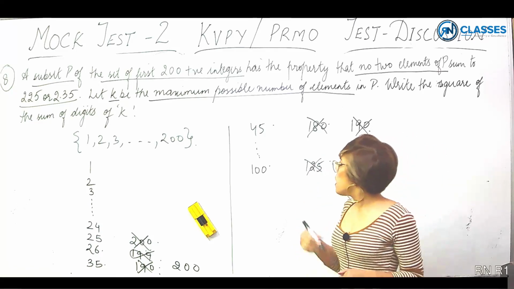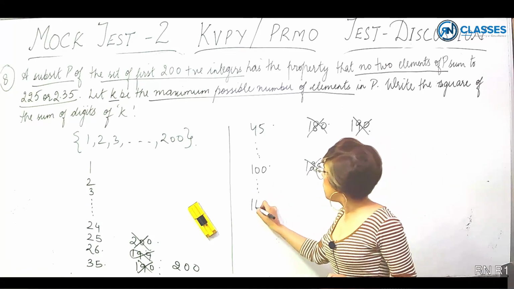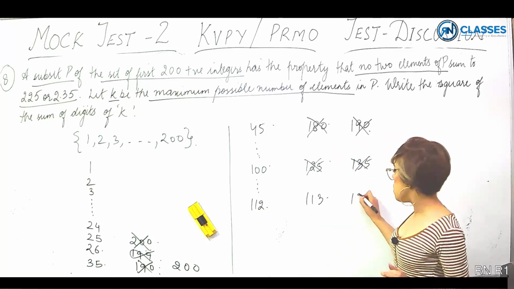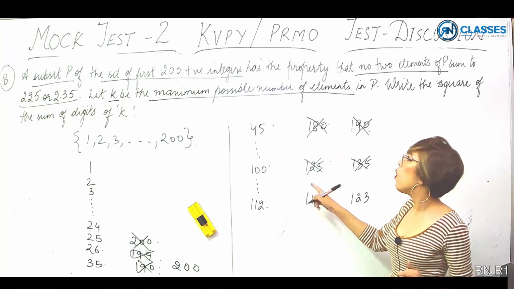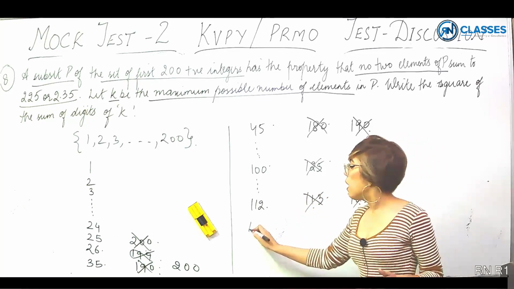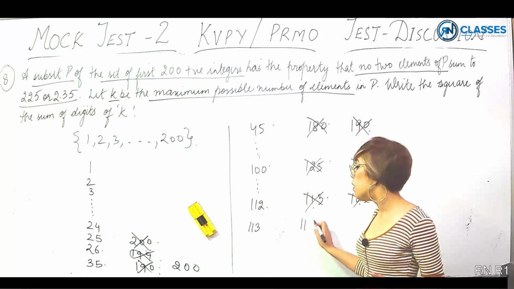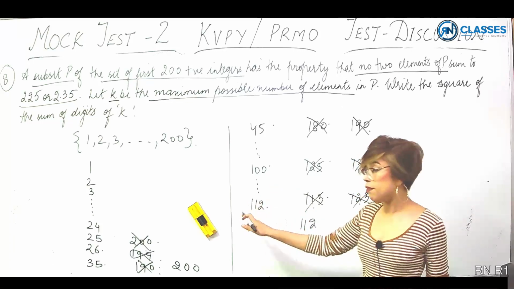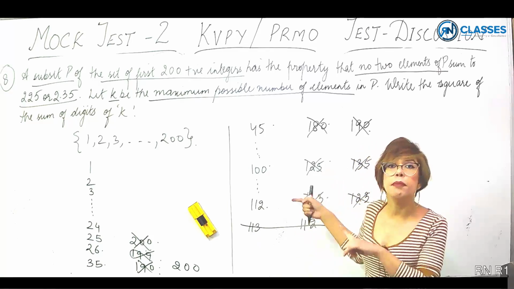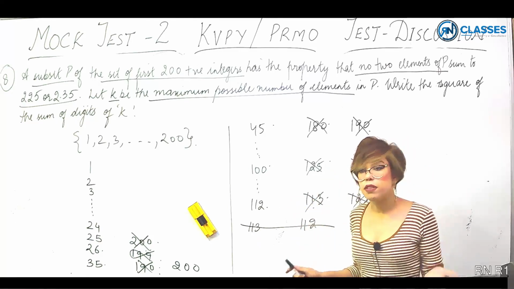Then I take so on 112, 113. And this is 123, which I must have already rejected. So I don't care. Now if I take the next one, 113, 112, this case is already done. So be careful. And now you can see that all those cases have been kind of repeated. So I don't need further ones.